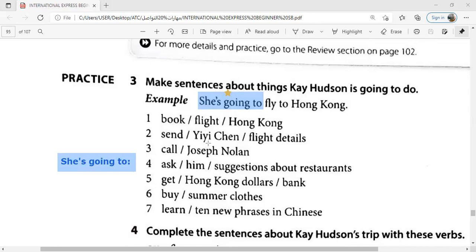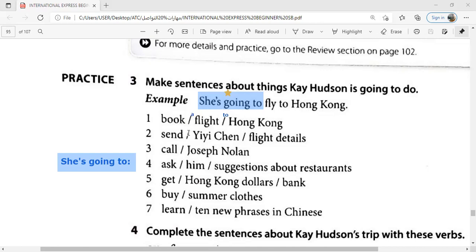Okay, starting with sentence number 1. She is going to book her flight to Hong Kong. Okay, she is going to book. هلا يفضل هون إني أنا أستخدم كلمة a flight. Okay, she's going to book a flight to Hong Kong. مكان الشرطتين رح نكتب a و to.